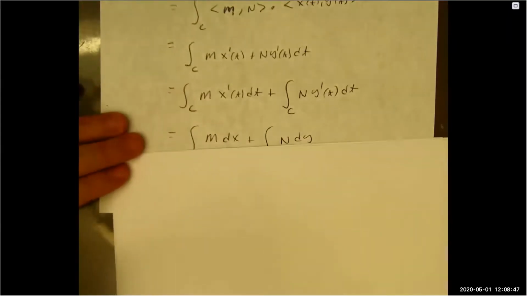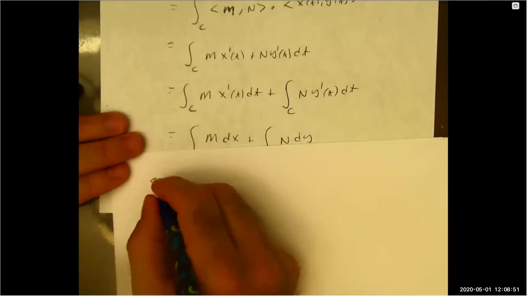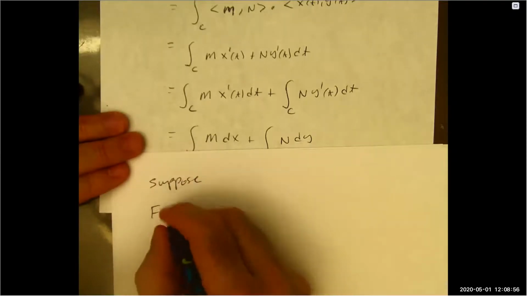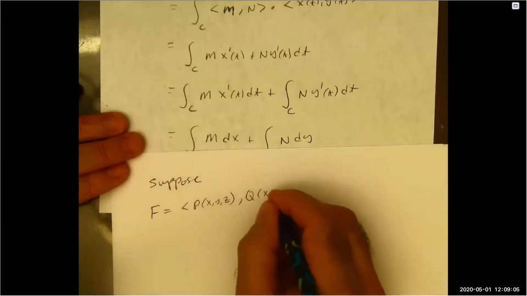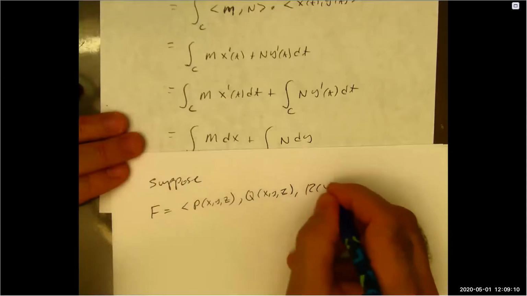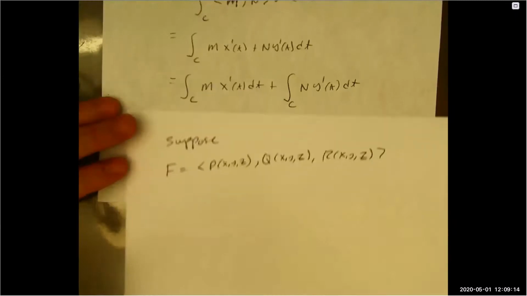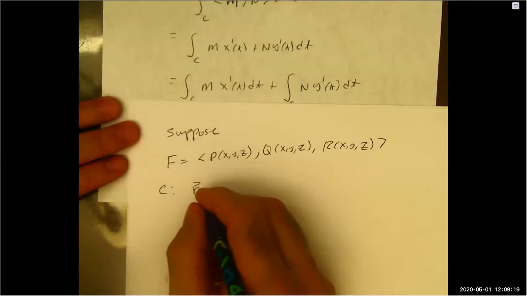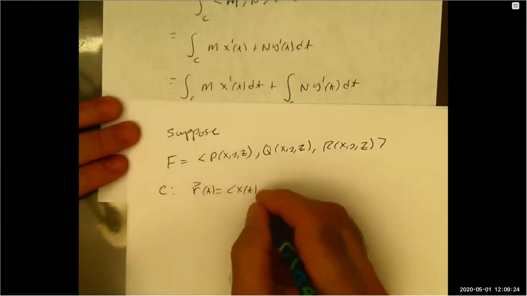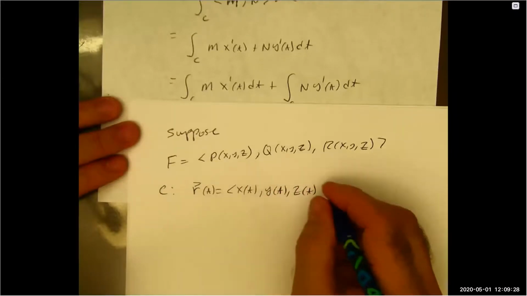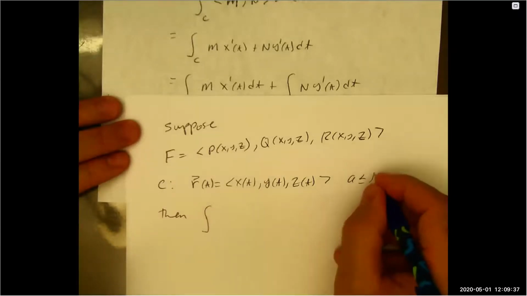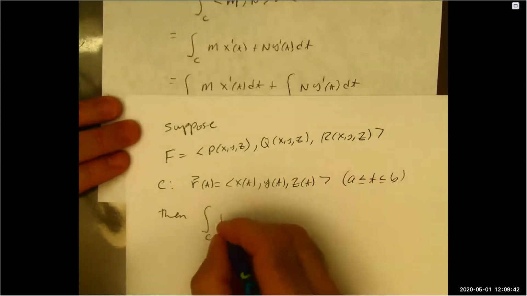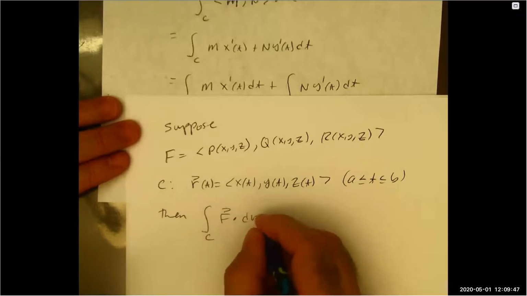So one thing I want to point out: if you have a vector field in space, F is equal to P of x, y, z, and Q of x, y, z, and then R of x, y, z, and your curve C is given by r of t, then the integral over C can be written like this.